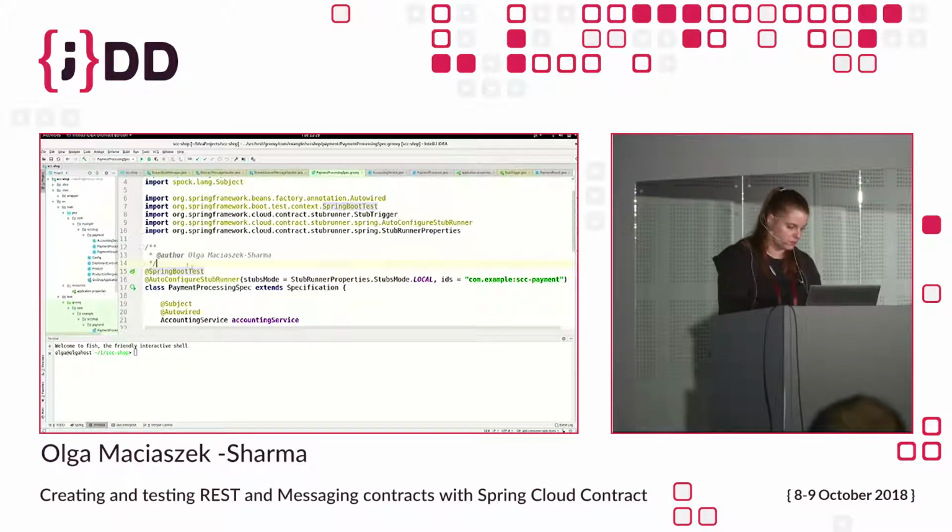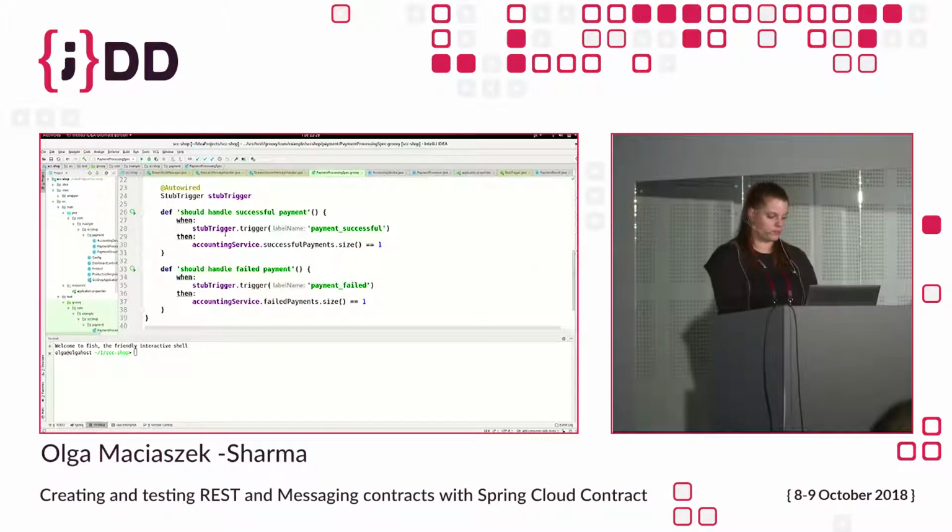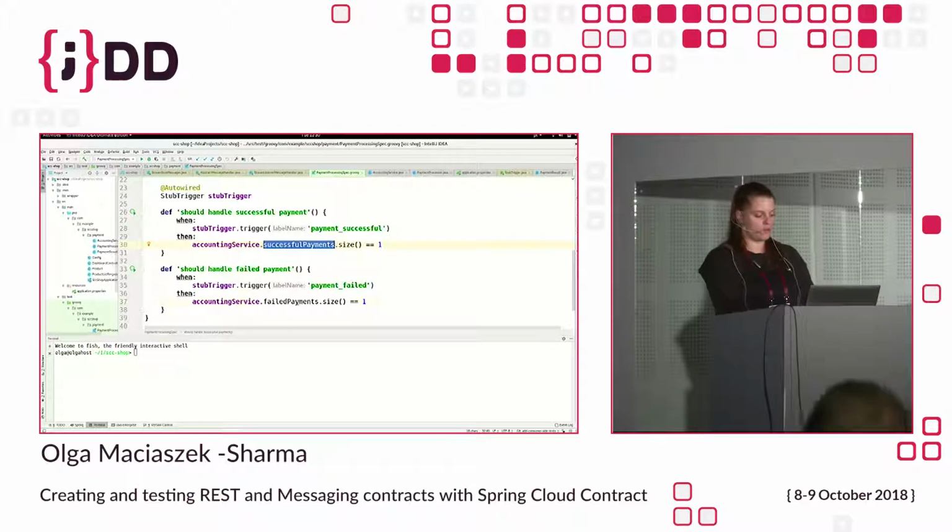We have a simple consumer app, and this app is just expecting to get some input from the producer, and it's triggering by label, as we have seen the labels before, a given message. And then what we check that either the logic for successful payment was called or for failed payment.